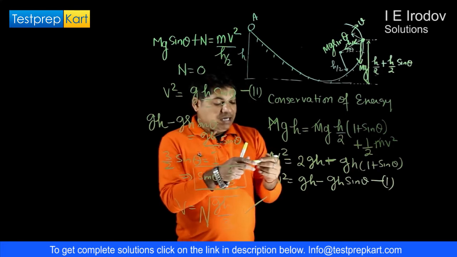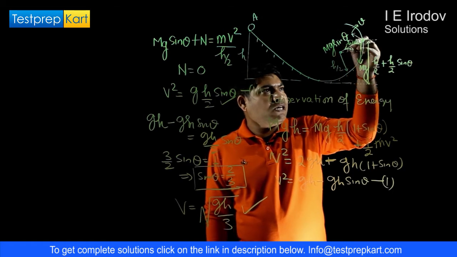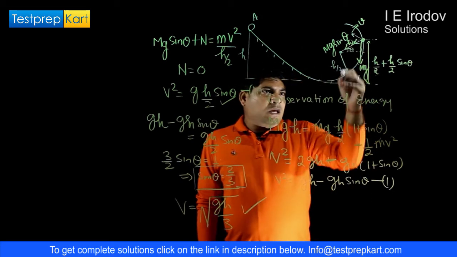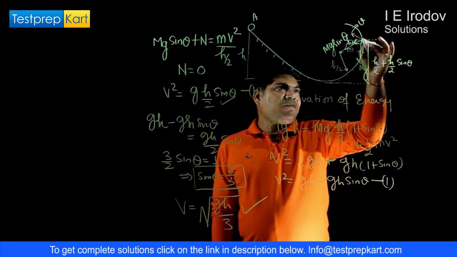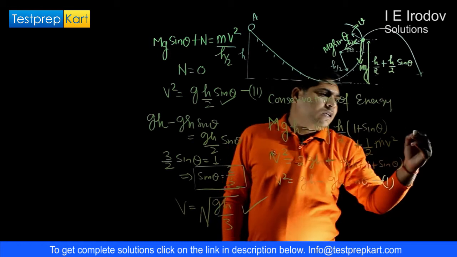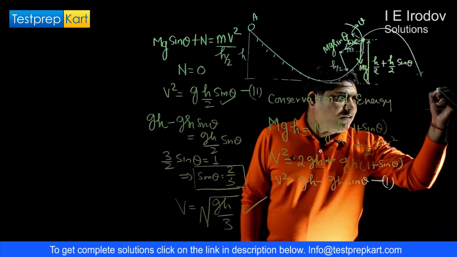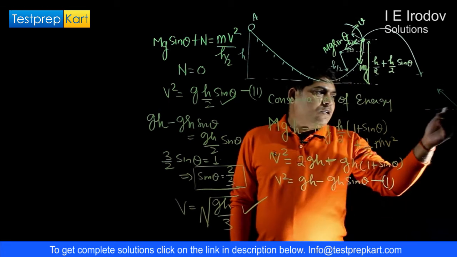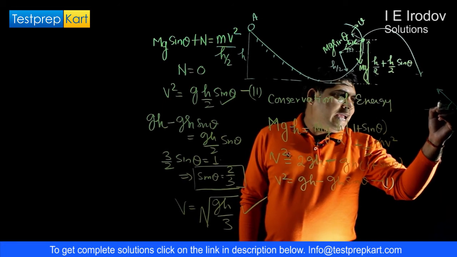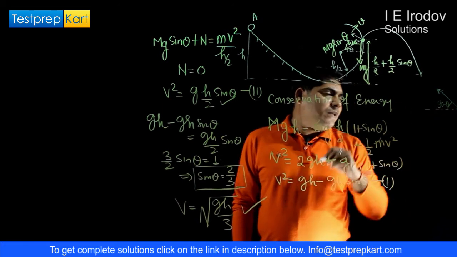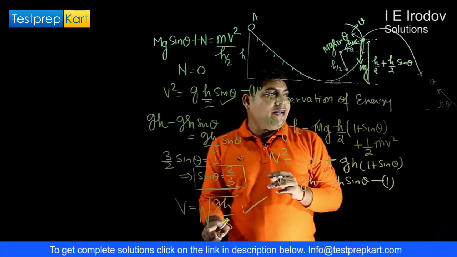Now see, there is a very interesting phenomenon that takes place after this object breaks off. This angle is theta, so this alternate angle is 90 minus theta. Now if we redraw this situation here, you can see this object will perform a projectile motion, making angle 90 minus theta with the horizontal, and this is its initial velocity which we already calculated.